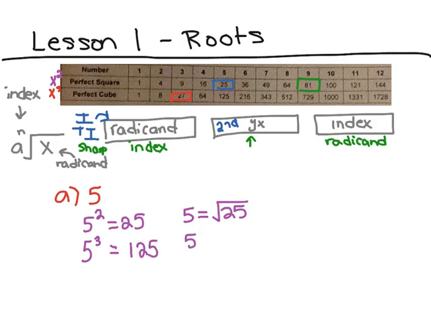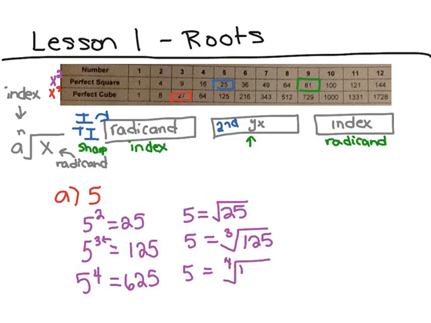So we know that 5 is equal to the cube root of 125. So notice how the indexes are the same. And 5 to the power of 4 is 625. So 5 is equal to the fourth root of 625.